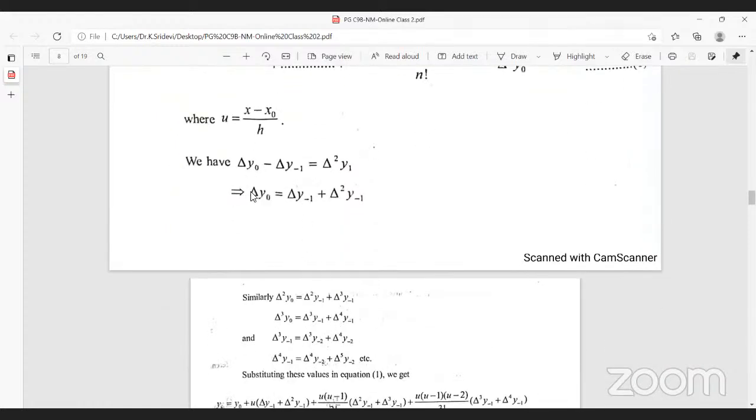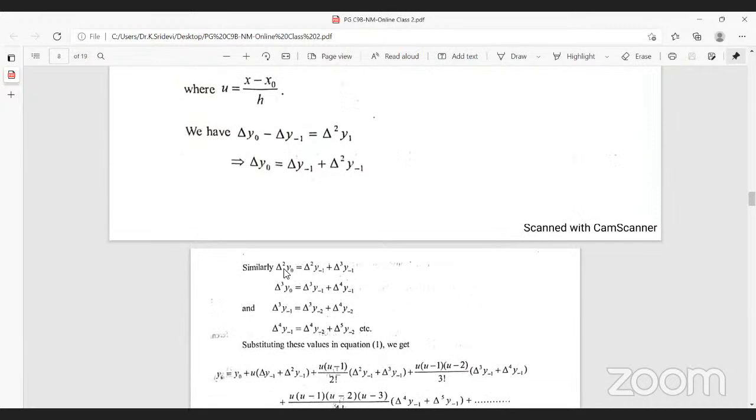So now from this expression, we can follow the same procedure for further order. That is delta square y naught is equal to delta square y minus 1 plus delta cube y minus 1. And similarly, you can take another order, that is delta cube y naught equal to delta cube y minus 1 plus delta to the power 4 y minus 1.